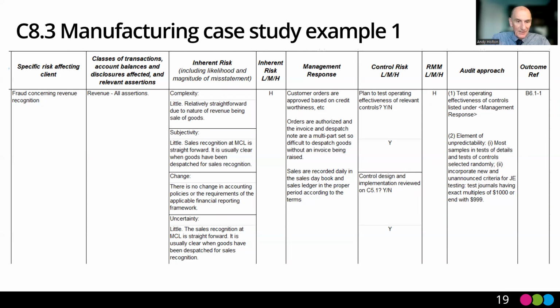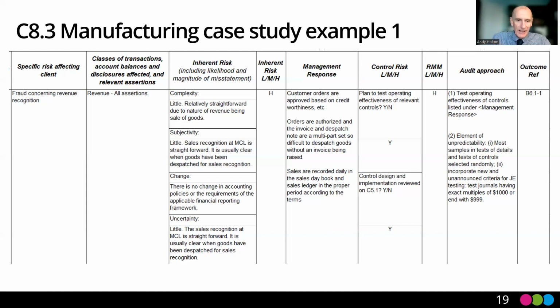So looking at these different aspects of inherent risk, the manufacturing company sells physical products, such as sound cards. So actually, complexity isn't that great. We have a relatively straightforward system through the sale of goods. There is very little subjectivity involved because we have sold some goods. We have listed prices for those goods. Nothing has changed in the period, and there is very little uncertainty.